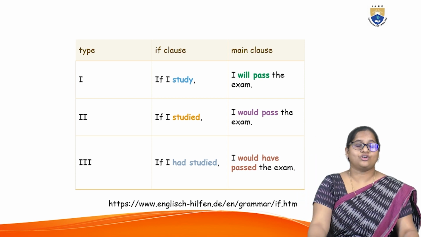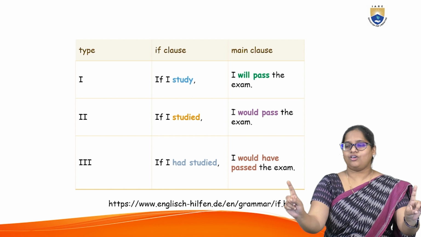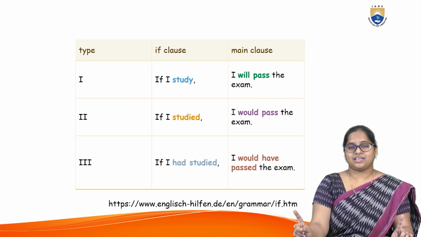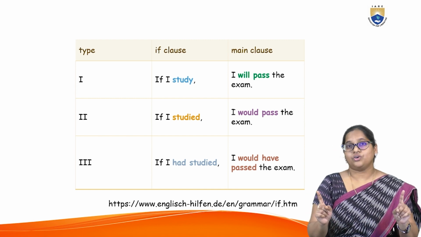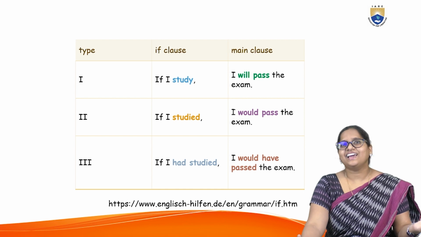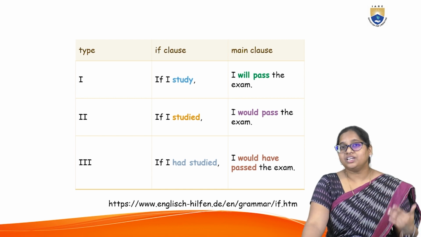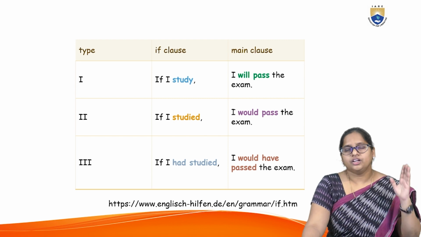Future tense is used in the clause: I will pass the exam. Simple present plus will or infinitive. So if I study, I will pass the exam. That means if I don't study, I will not pass the exam. So in condition 1, we are discussing the possibility. That is over. Now condition 2.